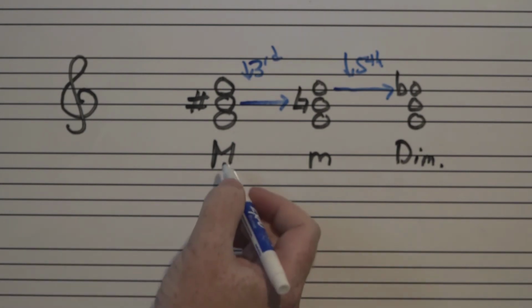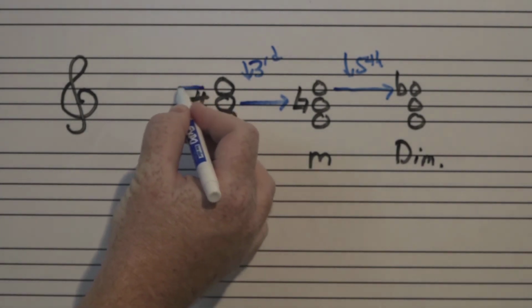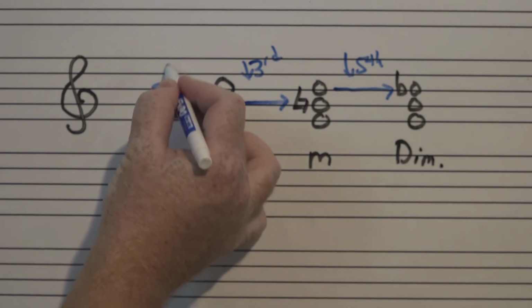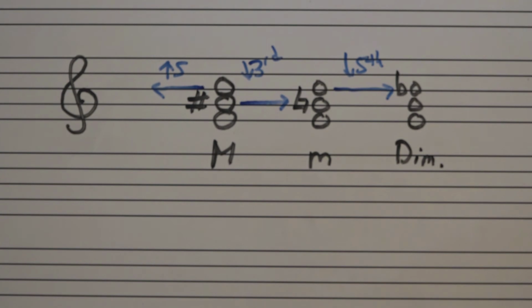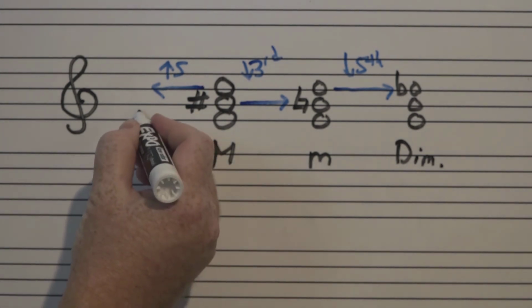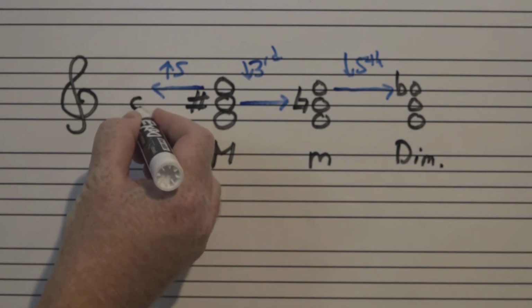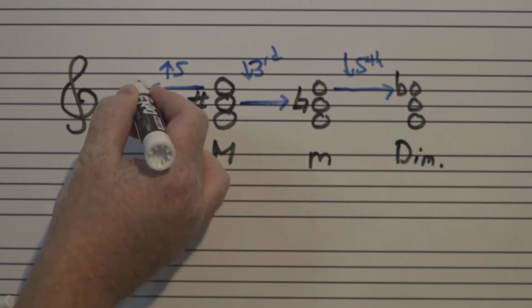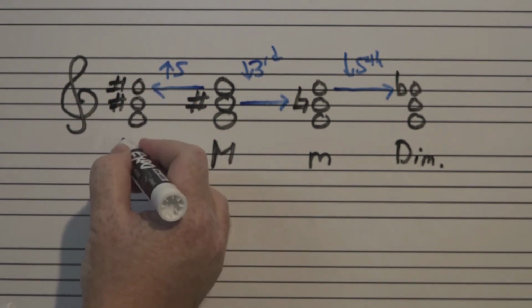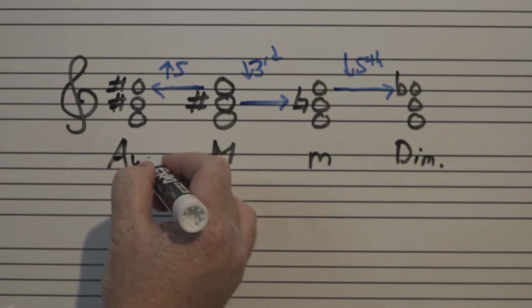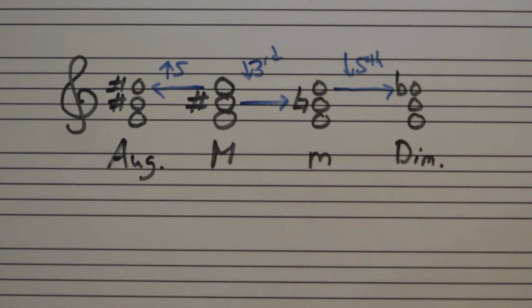And one more, let's go back to major, and we're going to take this 5th and raise the 5th to be E, G sharp, and B sharp. And there is our augmented triad.